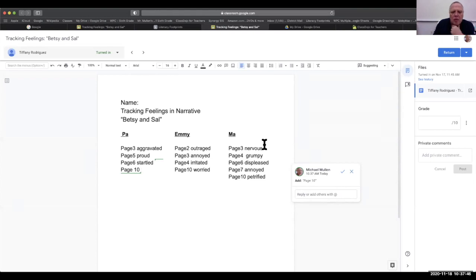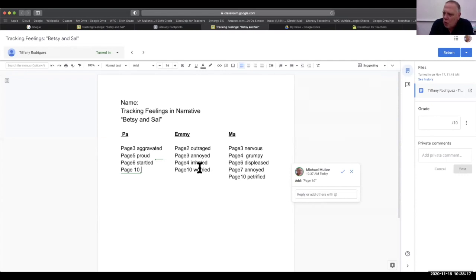I like how, this is Tiffany, and I like how she did it with Ma the best. She thought that Ma is nervous and she's grumpy, then she's downright displeased, and then she's annoyed and angry, and then finally you see a big rush of emotion when she is on page 10, petrified. Emmy is worried. I think she's terrified.